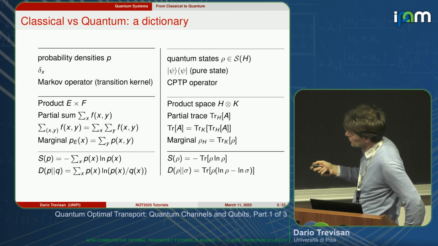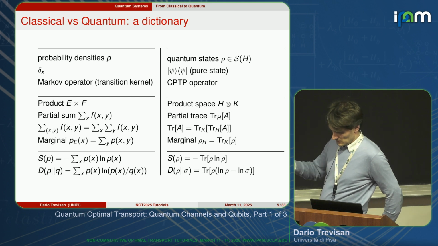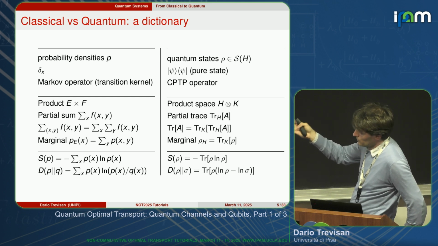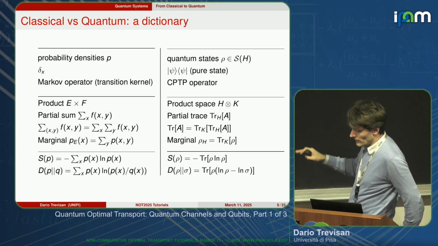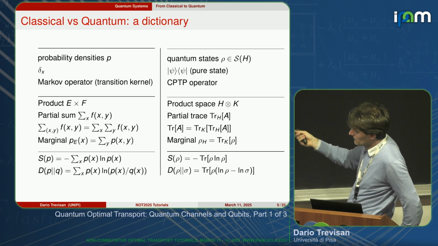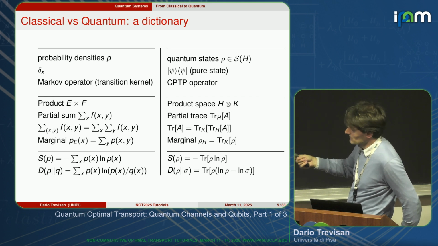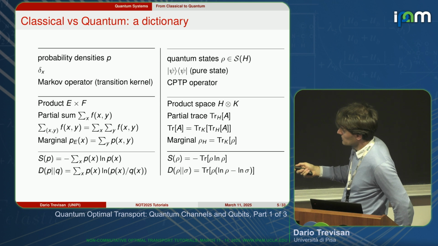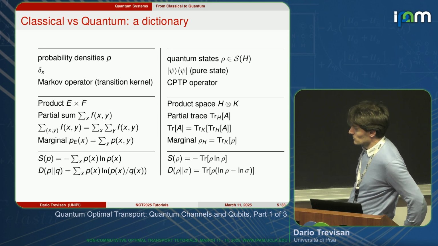A state operator over the quantum system described by H. What is this operator? This operator must be self-adjoint, because you want the probability to be real valued, and also non-negative, because probabilities are non-negative, and the sum of the eigenvalues with multiplicities, so the trace, is 1. So these are trace 1 self-adjoint non-negative operators.